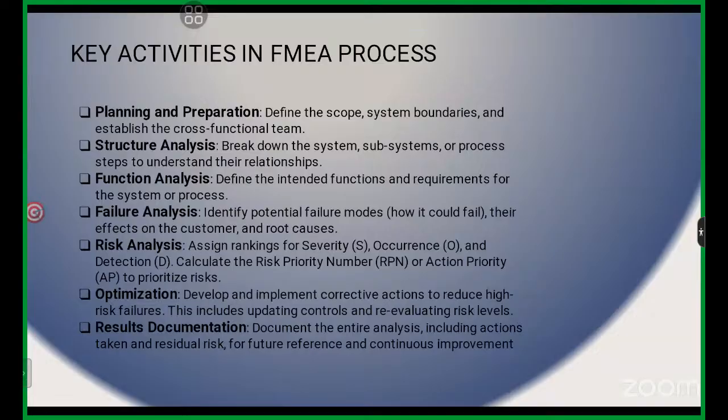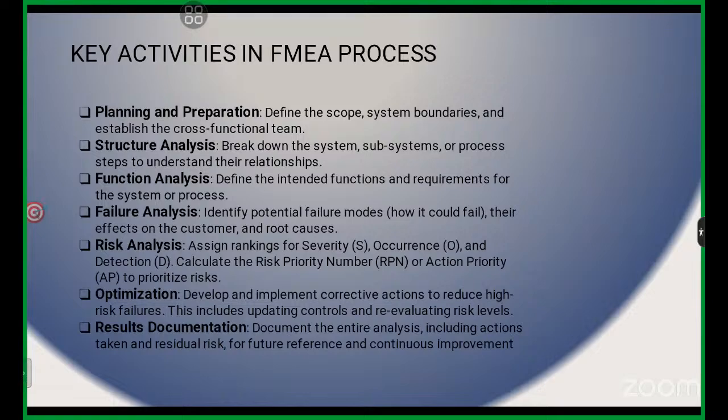Then you have to do what we call structure analysis. In structure analysis, you break down the system into subsystems or processes. In these processes, you have steps to understand, and you need to understand the relationships of these steps.